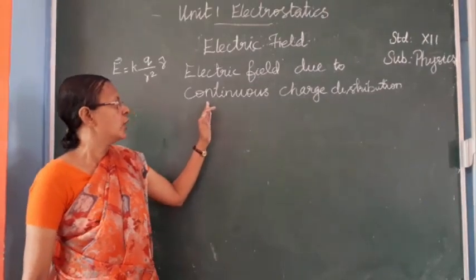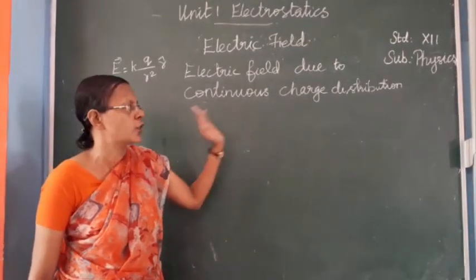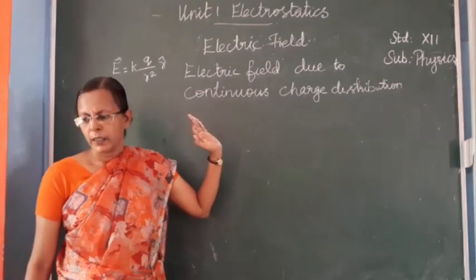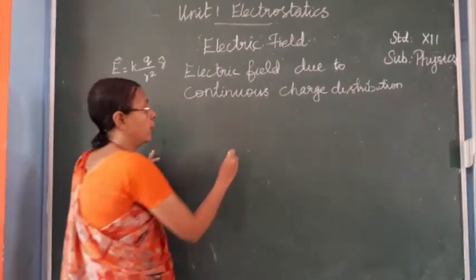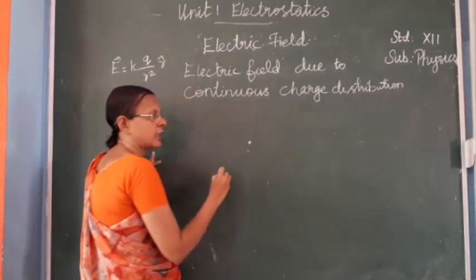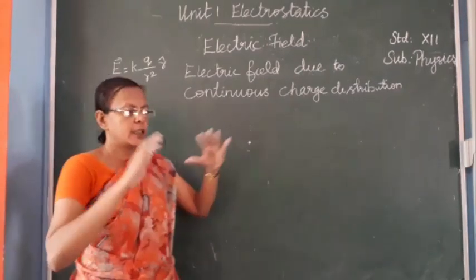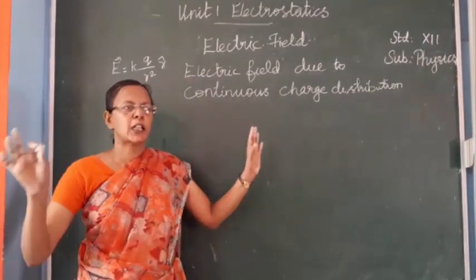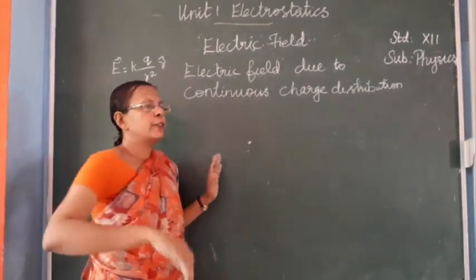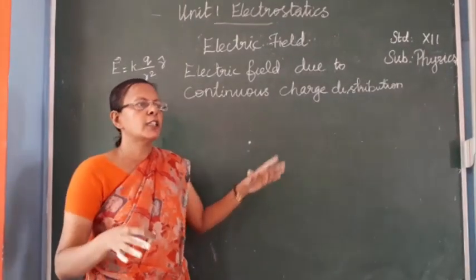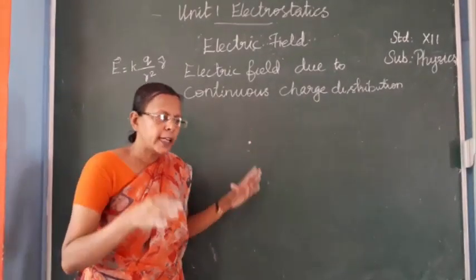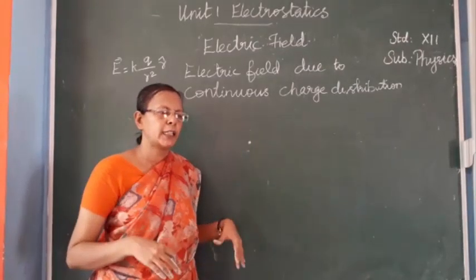Electric field due to continuous charge distribution. Here, if you keep a point charge or source charge, it creates some electric field surrounding it. If you keep any other charges nearby, they experience that electric field.